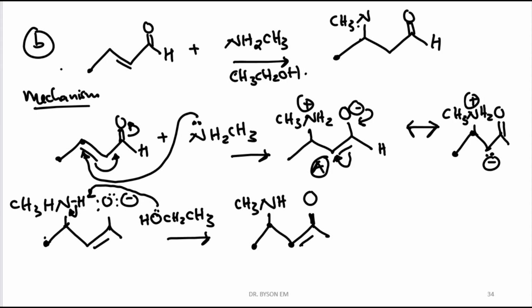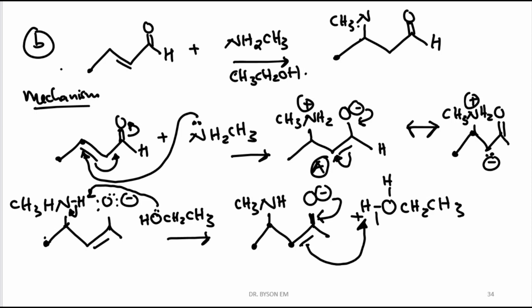This is still negatively charged. So the ethanol will now be protonated. This will go back to its original shape, and then this double bond will collapse and get the hydrogen from the ethanol. Then that will go back to that.